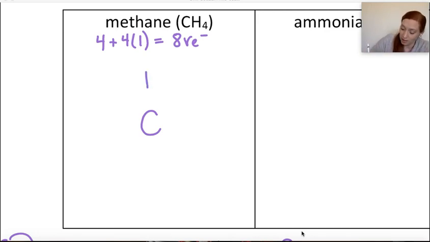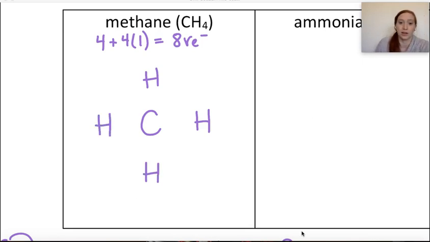I'm going to go ahead and place my hydrogens all around, because I know that the carbon's going to be in the center. Then we can place our bonds in between these. Each bond that we place, we're going to represent with a line for that shared pair of electrons. And it counts as 2, right?